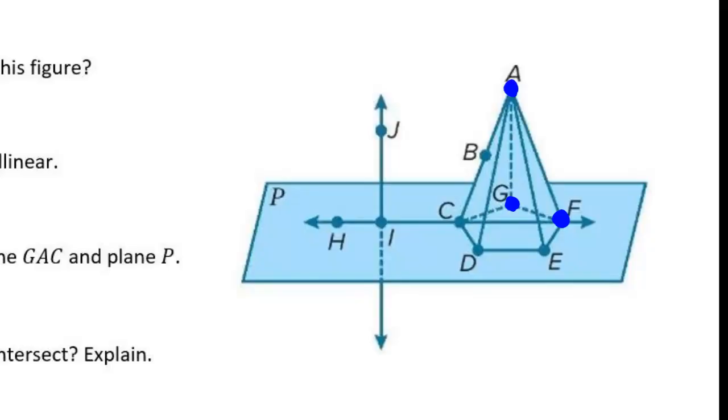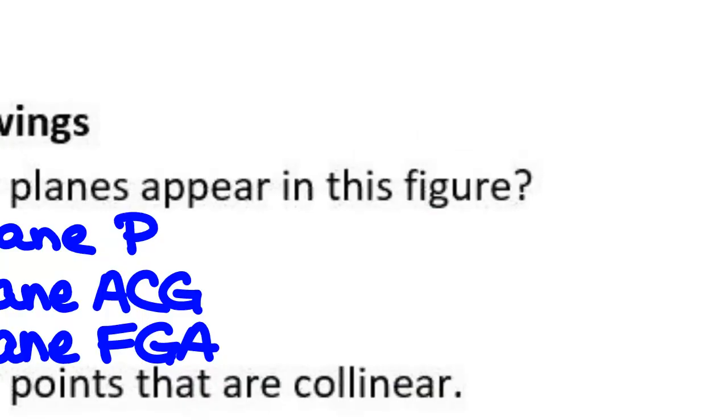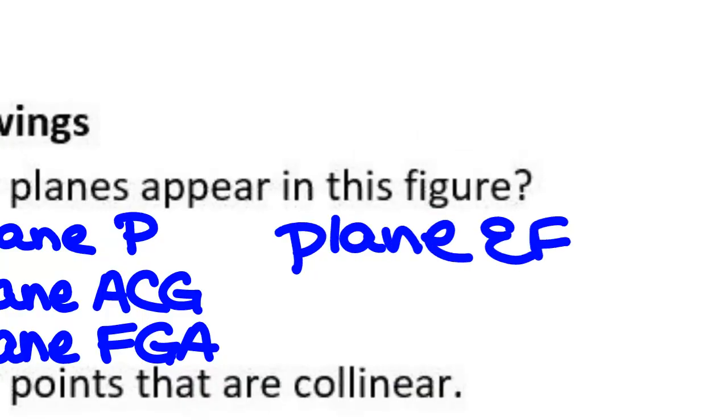All right, let's move now. This guy right here. He's kind of in the front, but still over on the right-hand side. What could we name him? EFA. Plane EFA.